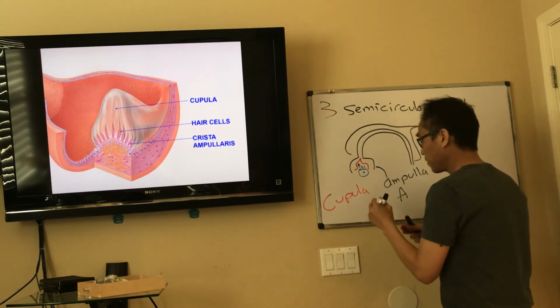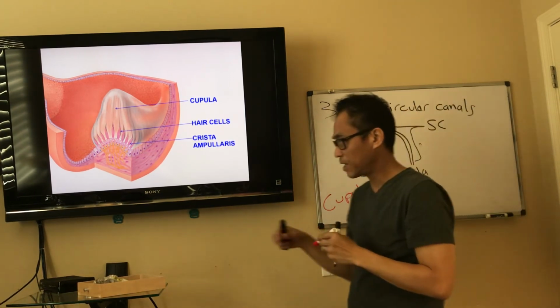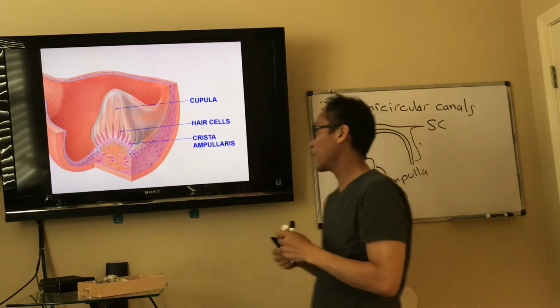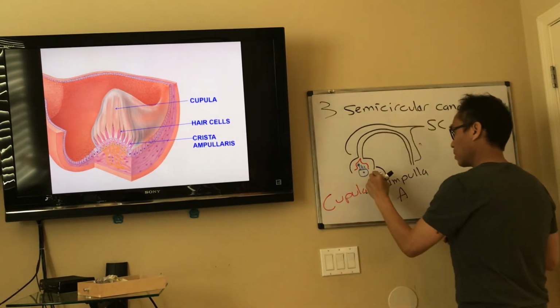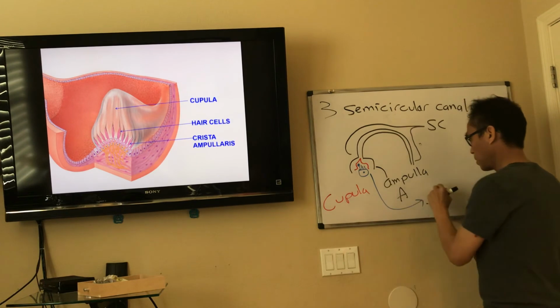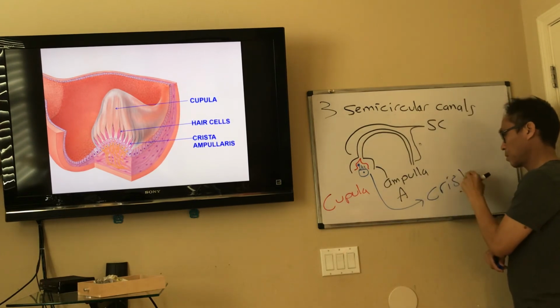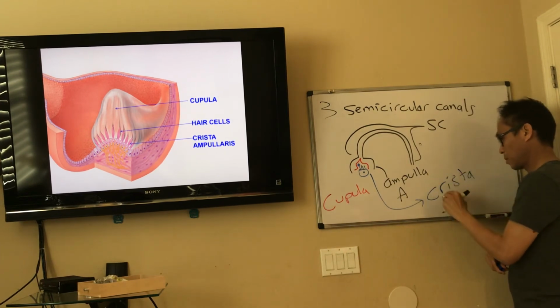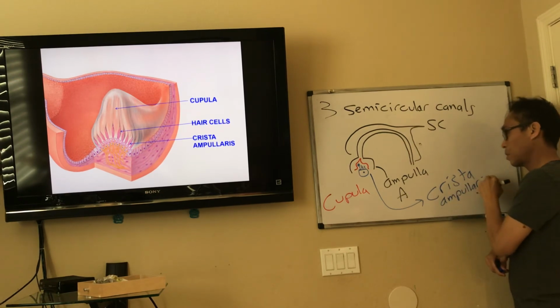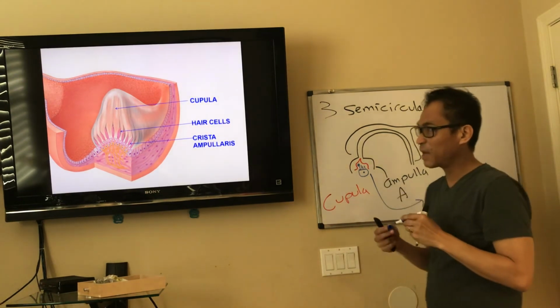But the membrane that the hair cell is in, call it crista ampullaris. It's the crista ampullaris that has the hair cells.